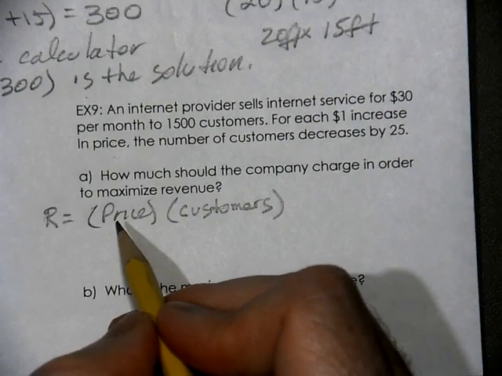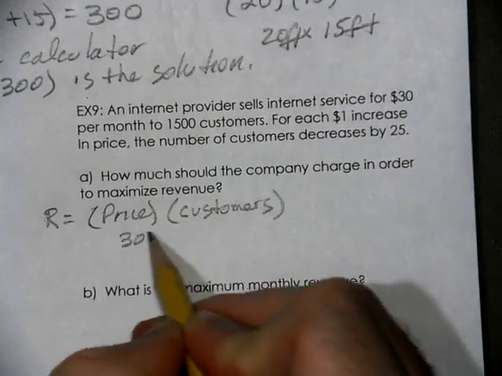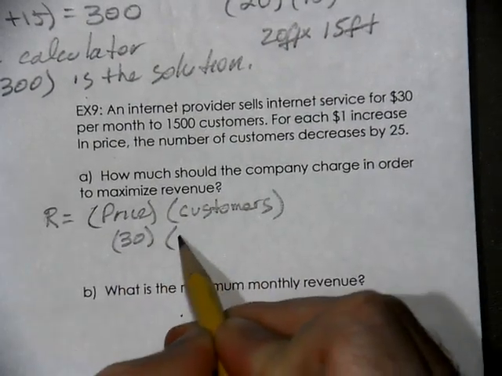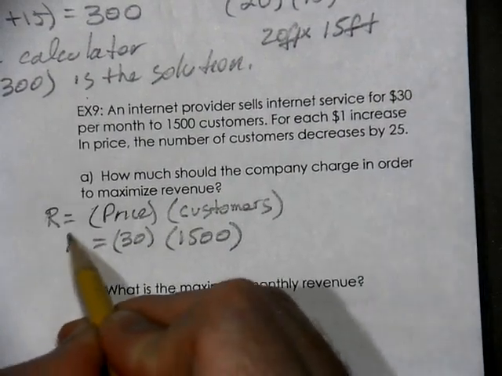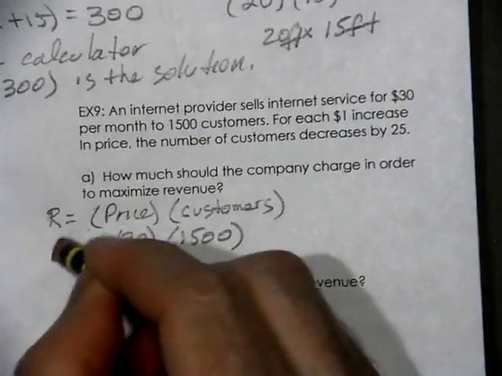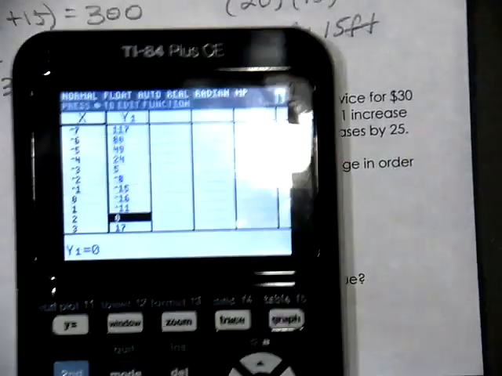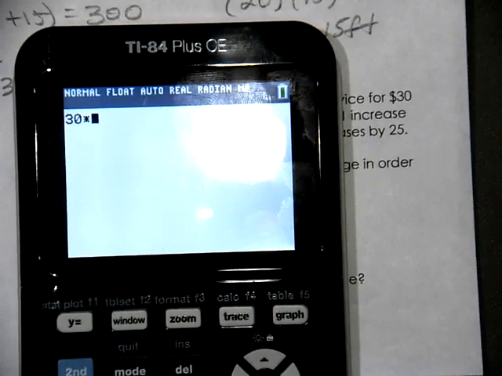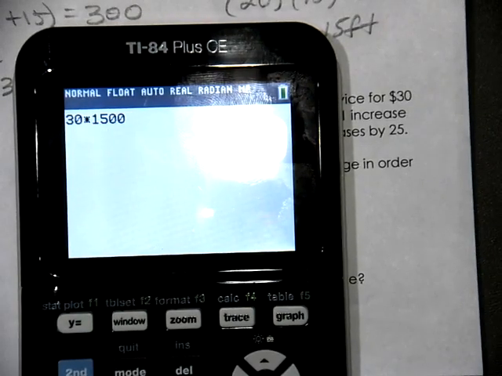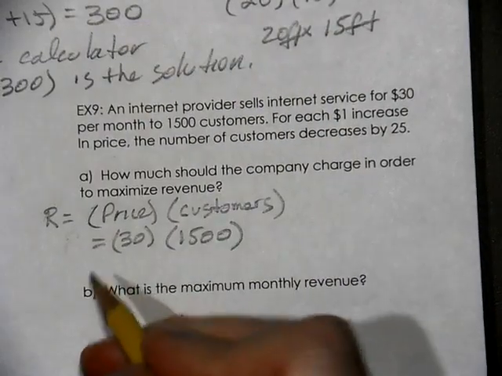And our current price is $30, and our customers is 1,500. That's our revenue. And our revenue is going to be 30 times 1,500. So we get 45,000.